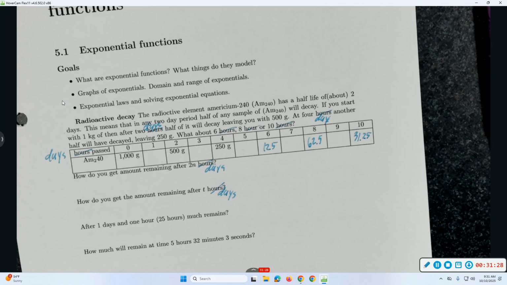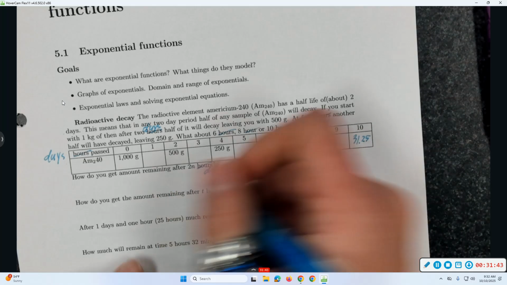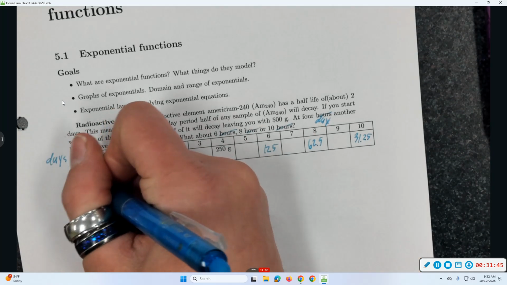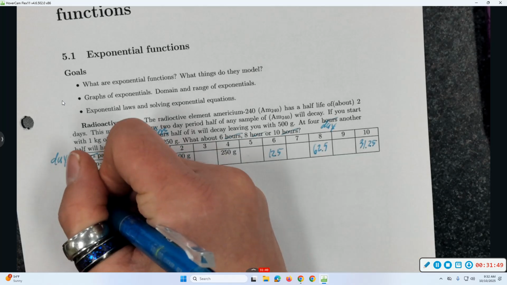When you wait 2 days 3 times, you divide by 2 3 times. So if I tell you you have waited 2 days n many times, how many times do you divide by 2? N. So, if you want to know how much is left, well, you started with that 1,000 grams, and you divide by 2 n many times.